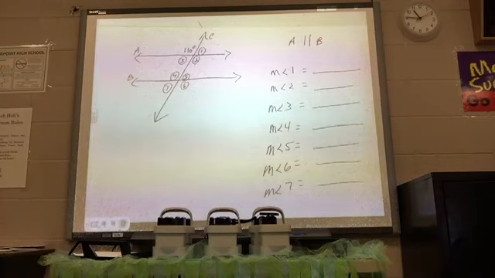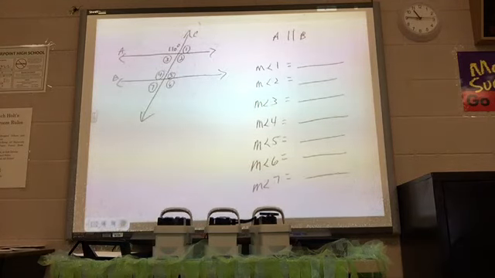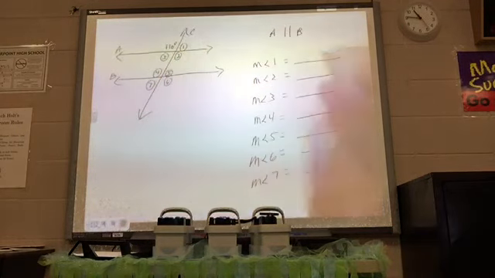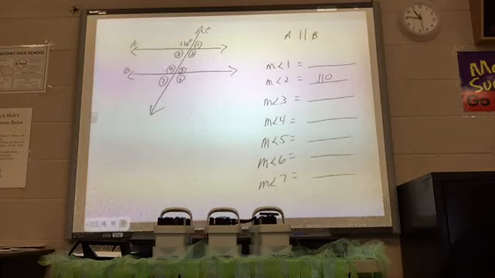Ready? All right. Of the angles up here, which one's the easiest one to get quickly? 2. What's 2 got to be? Because it's vertical to this one, it has to be 110 degrees. What's the measure of angle 1? 70.